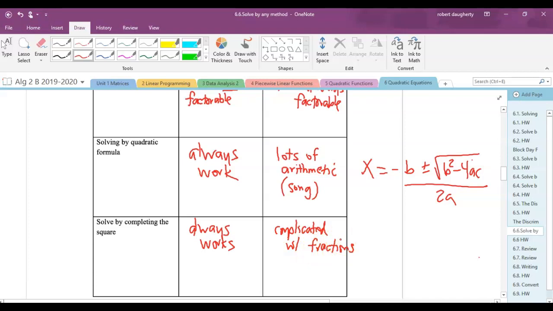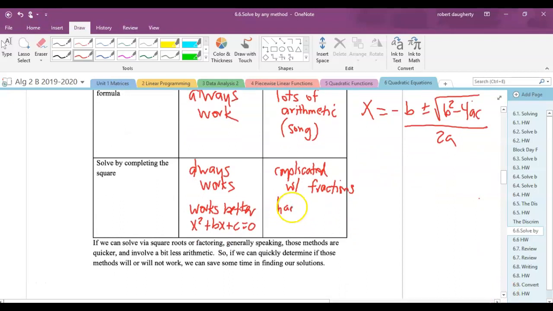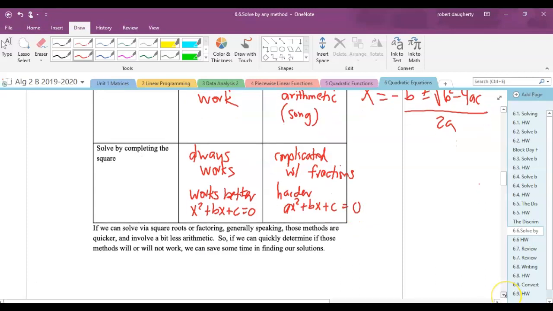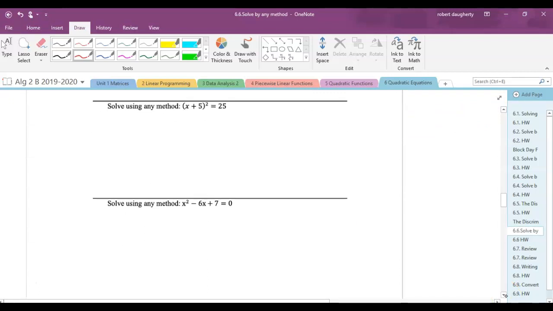It works better on the ones that are x squared, as opposed to ax squared, so it works better when you've got x squared plus bx plus c equals 0, and it's harder when you have ax squared plus bx plus c equals 0. So you need to have all of these methods down and be able to pick and choose which is the easiest thing to do in which scenario.